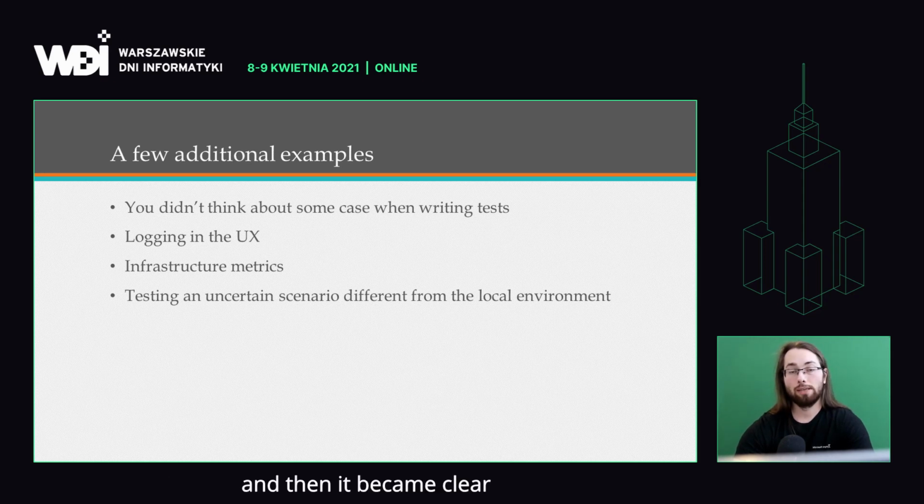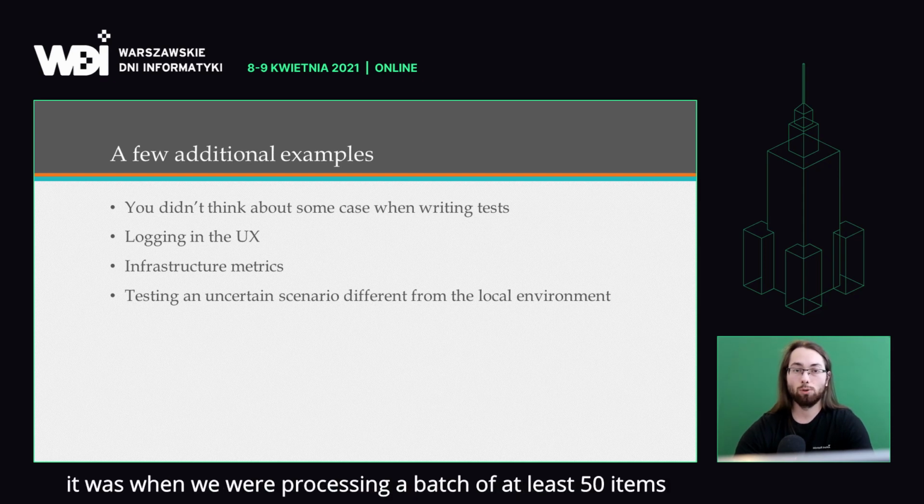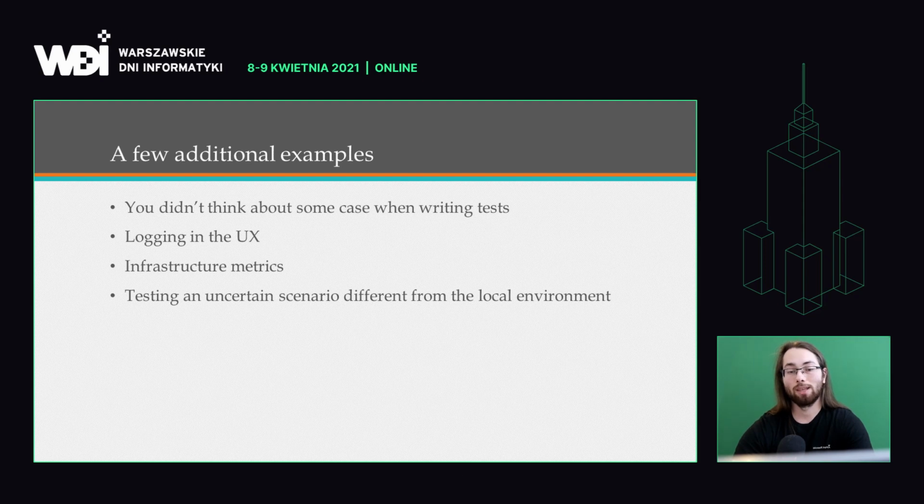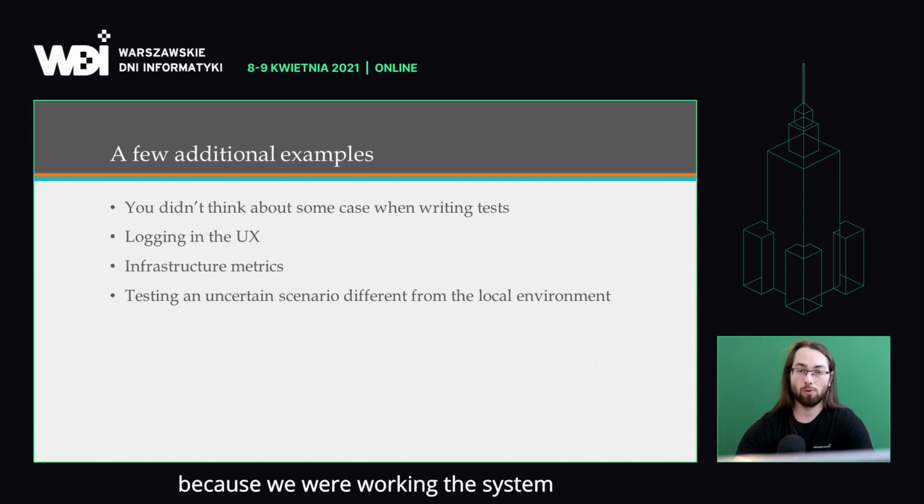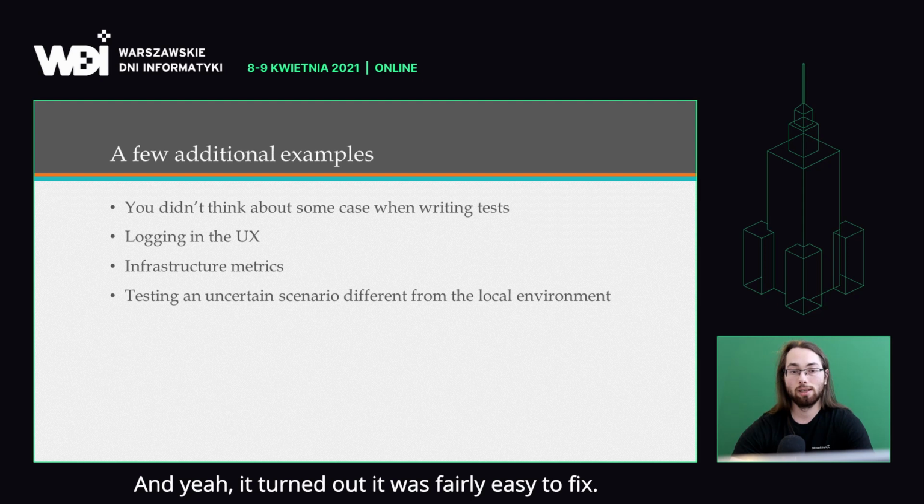And then it became clear, because every time we got an exception, it was when we were processing a batch of at least 50 items. This let us know what the issue was in general. And then because we were working on the system, we knew what the likely cause was. And yeah, it turned out that it was fairly easy to fix.